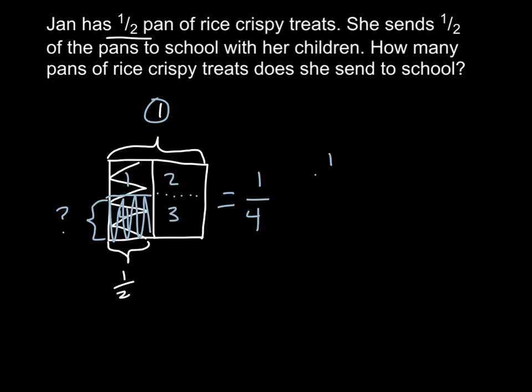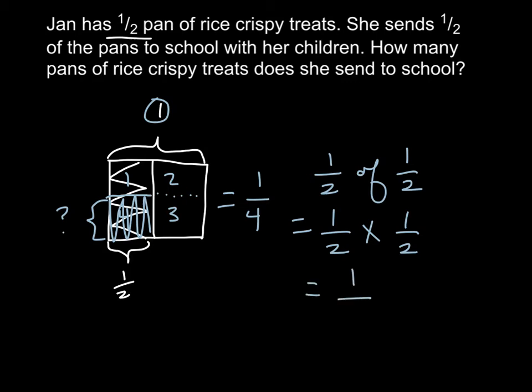So 1/2 of 1/2 equals 1/2 times 1/2, and 1/2 times 1/2 equals 1/4. She sent 1/4 of a pan to school.